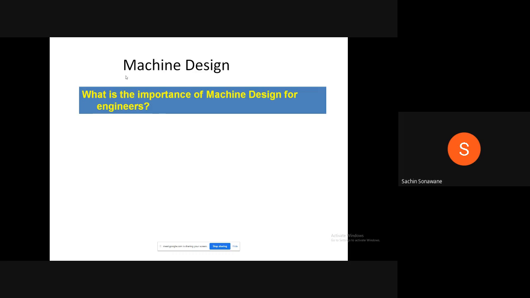And when all these mechanisms are combined together, it will form a machine. Already you have carried out practicals on different machines, that is lathe machine, milling machine, grinding machine, planing machine, shaping machine. All these machines convert electrical energy into mechanical energy.